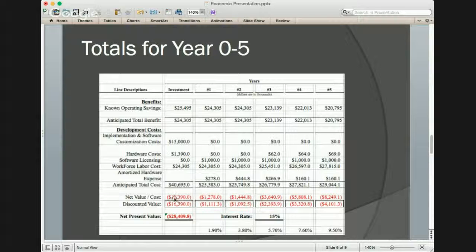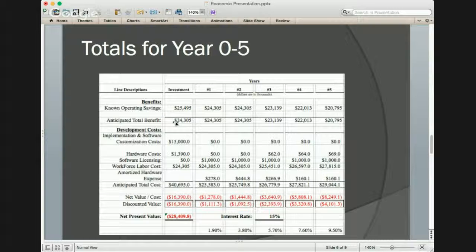So here on the net value and cost, this is subtracting the net value of the company with the benefit that we're gaining from losing those 500 employees. As we see in the investment year, the numbers are red because they are negative.